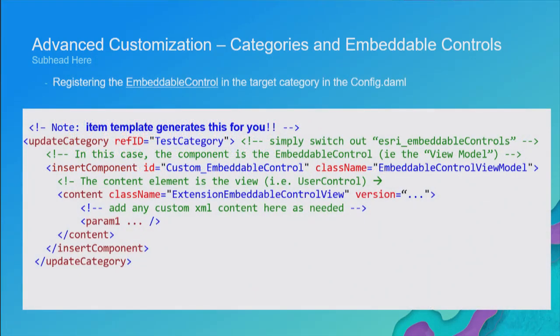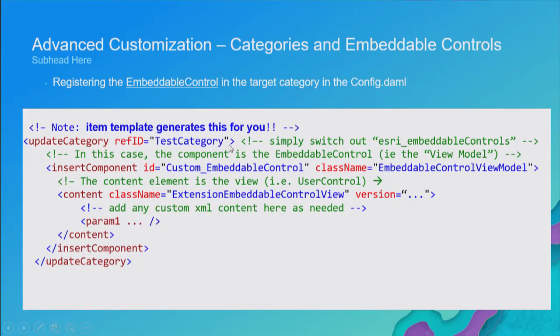Looks like this. When you run that embeddable control item template, the good news is it pretty much just gives you this exact DAML right out of the box. The only difference is in this ref ID will be Esri embeddable controls. In this case, I switch it out for test category.